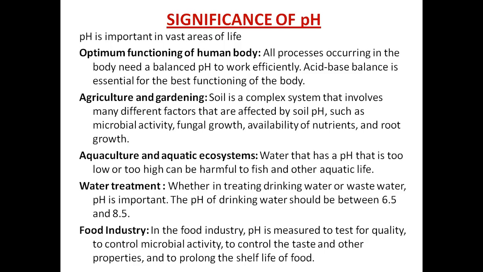So pH is a quantity that reflects the chemical conditions of the solution. We are surrounded by solutions, okay? It can control the availability of nutrients, biological functions, microbial activity, and the behavior of chemicals.